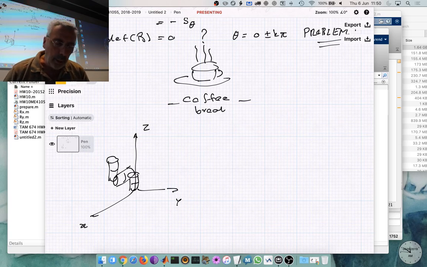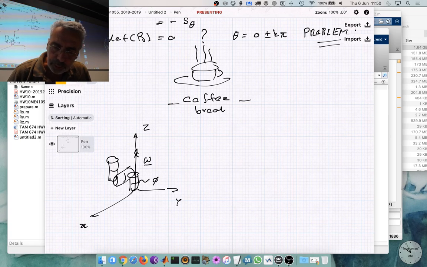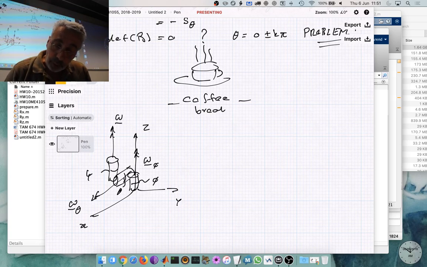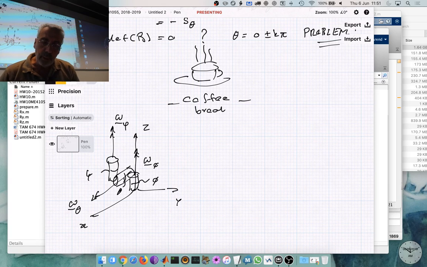And so apparently we have here this omega, let's say what is phi, right? We have here this omega theta, because it was the theta axis, and this was the psi. And here we have this omega psi.